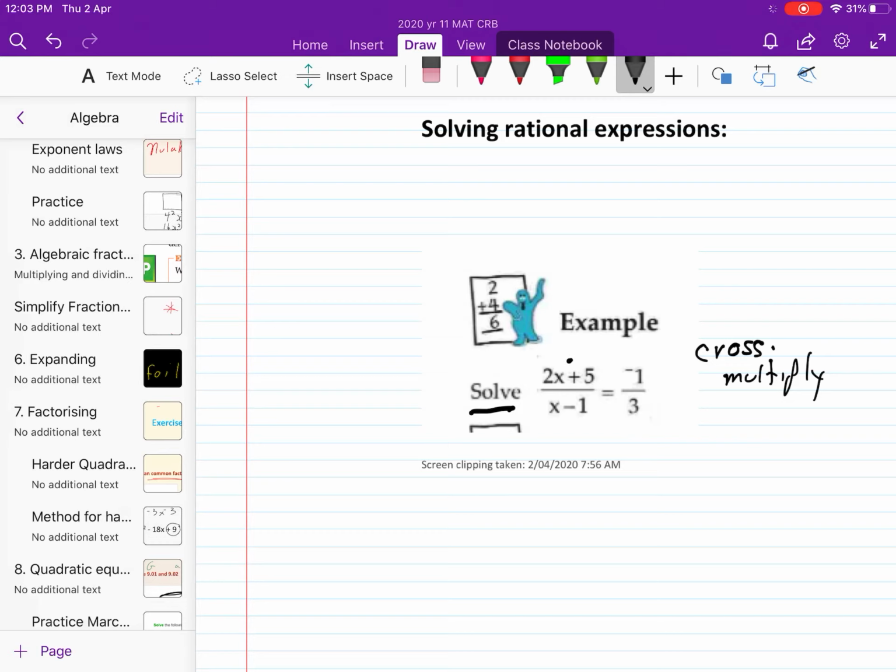Easiest thing to do, take this term on the top here and diagonally cross multiply it with the 3. So I'm going to end up getting 3 times (2x plus 5). You've got to put your equal sign in, right? Put your equal sign in, and then you cross multiply.